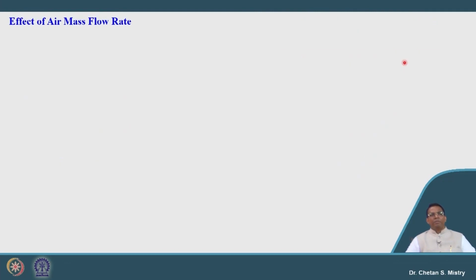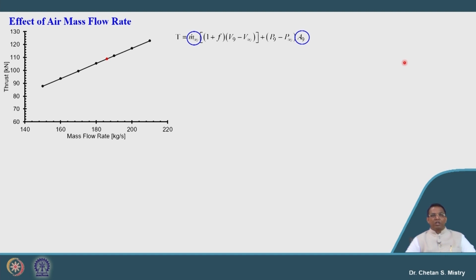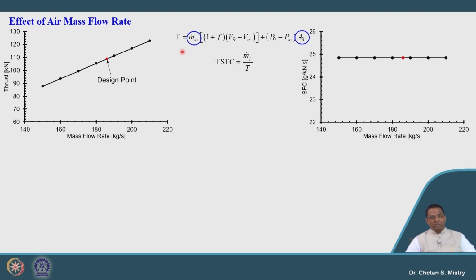Now, let me take the next parameter, that is the effect of mass flow rate. So, we will try to increase the mass flow rate. We have taken the variation here from lower mass flow rate to higher mass flow rate. It says when I am increasing my mass flow rate, my thrust is going to increase, because it is in direct correlation with the thrust.